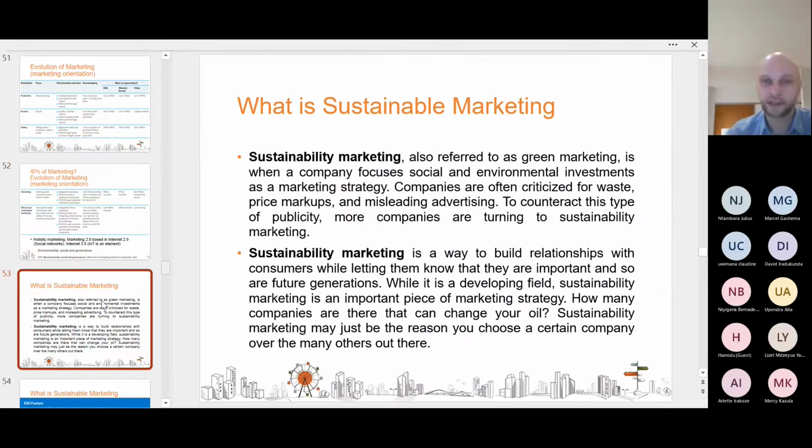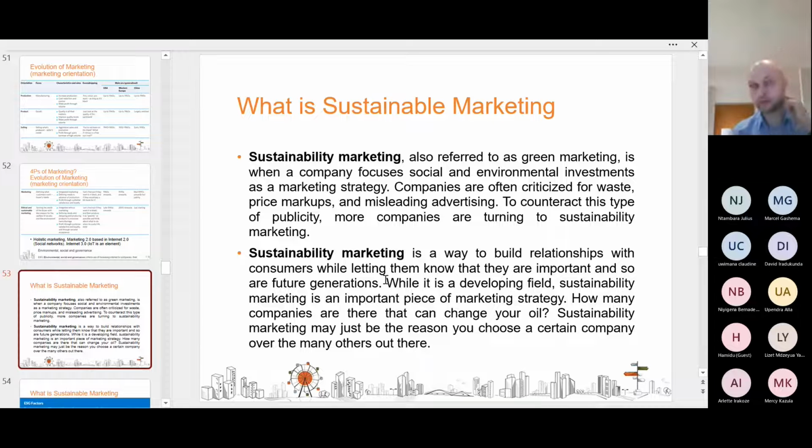Okay, so finally, what is sustainable marketing? It refers to green marketing, when a company focuses on social and environmental investments as a marketing strategy. It's a way to build relationships with consumers while letting them know that they're important and so are future generations.